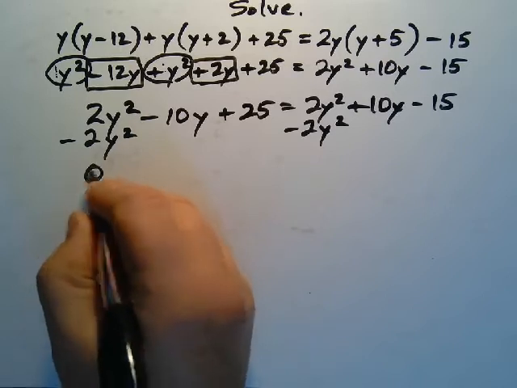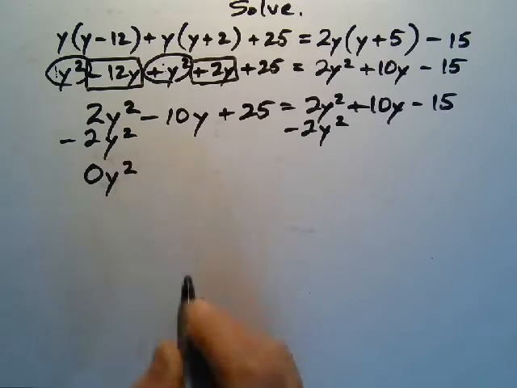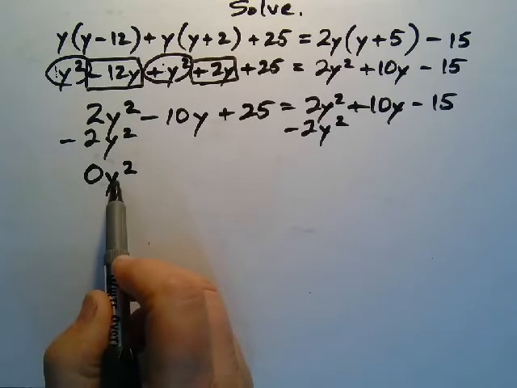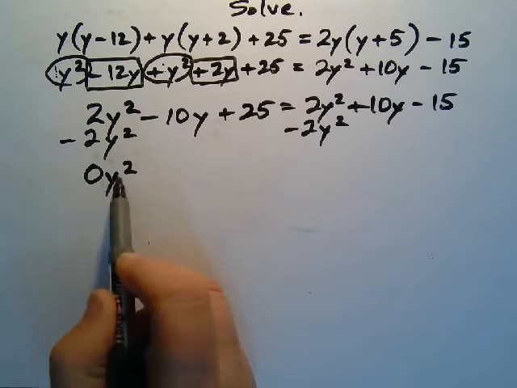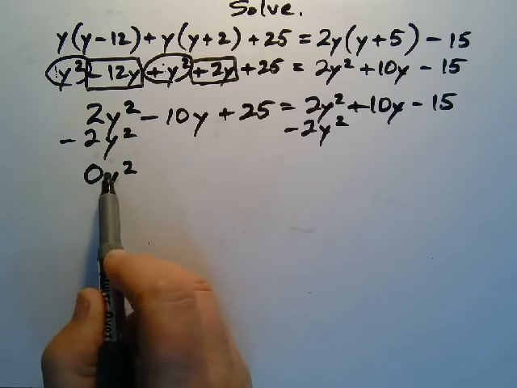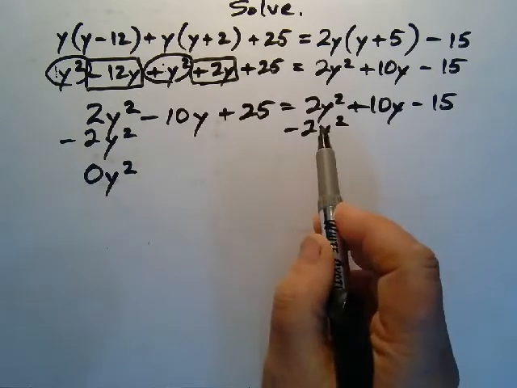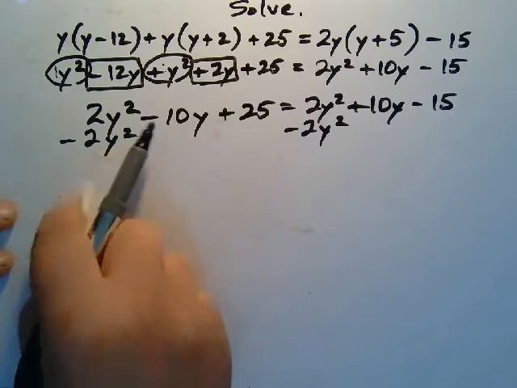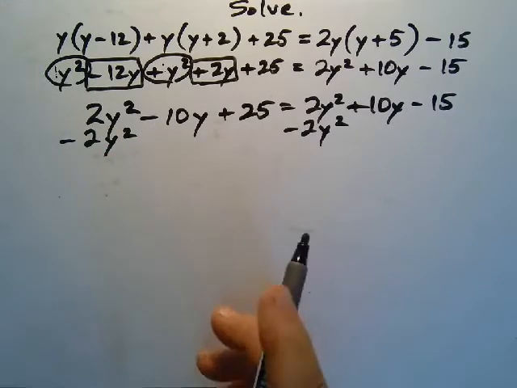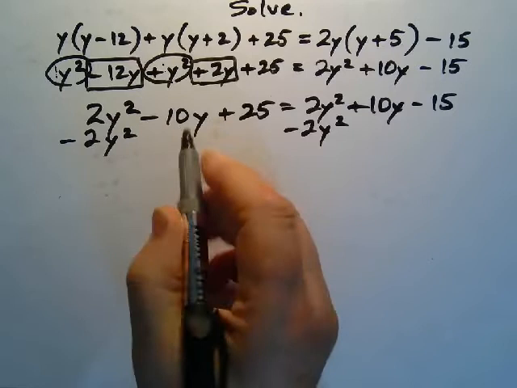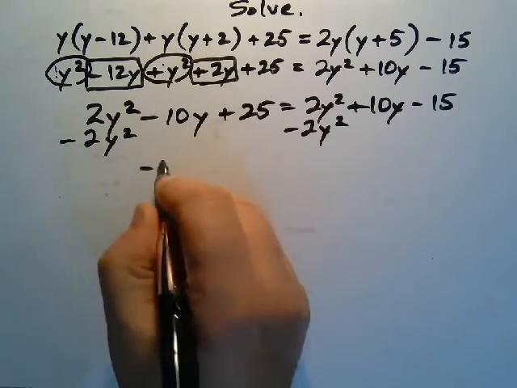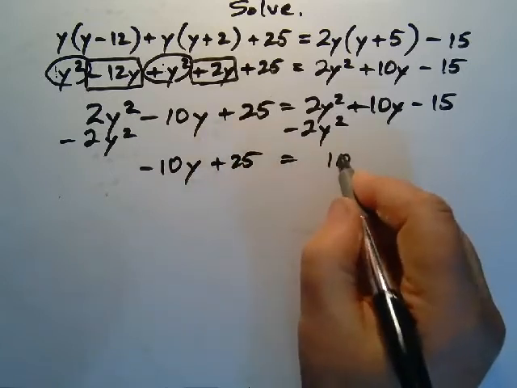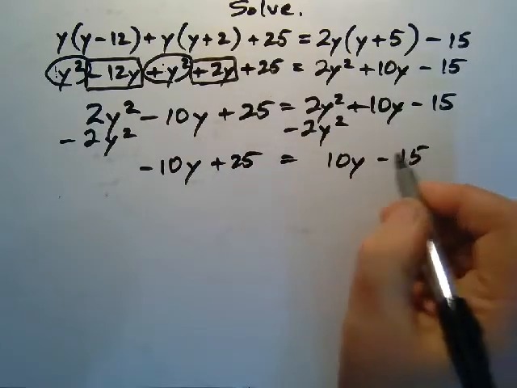Now I could write 0y squared here if I wanted to. But isn't 0 times anything just 0? So I don't even need to write that. Same thing over here. They just go out just like they have in the past when two things are opposites and we add them up. So now we've got negative 10y plus 25 equals 10y minus 15.